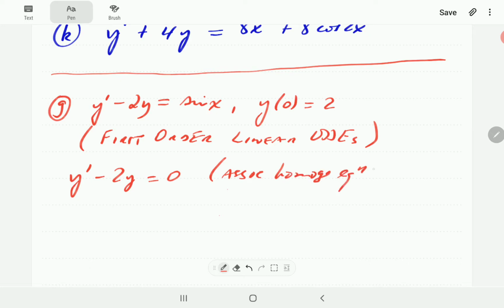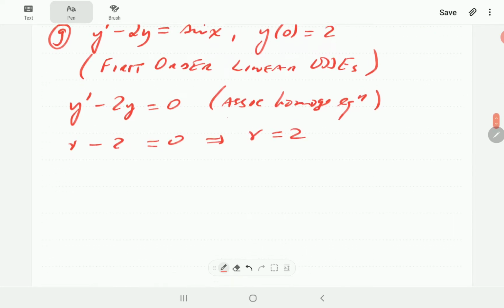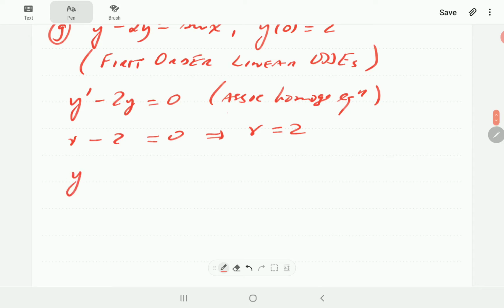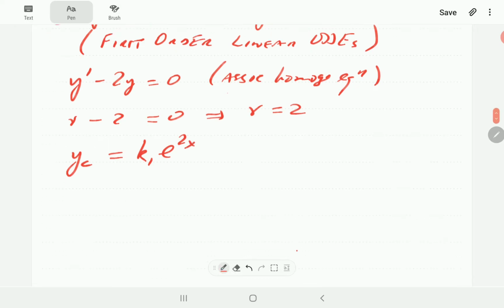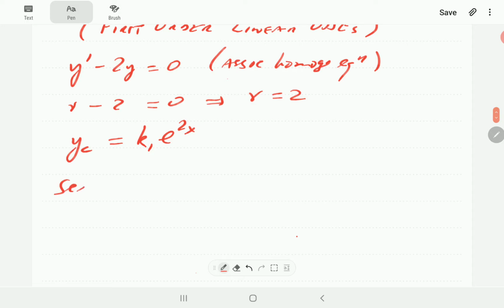The auxiliary equation for this is going to be r minus 2 equal to 0, which is giving us r equals 2. So this tells us that the complementary solution is going to be k1 e to the 2x.